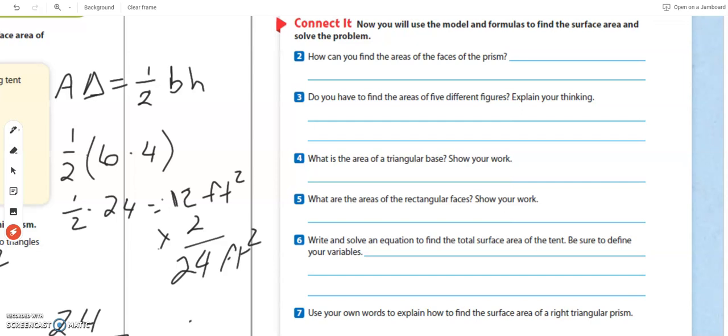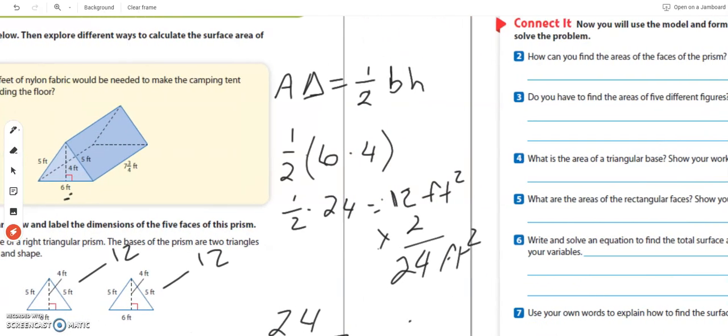Well, we've got to substitute the measurements we know, which in this case were this 4 feet for the height of the triangles, 6 feet for the base of the triangle, and the edges of the rectangles were 7 3/4 feet, 5 feet, 5 feet, and 6 feet.